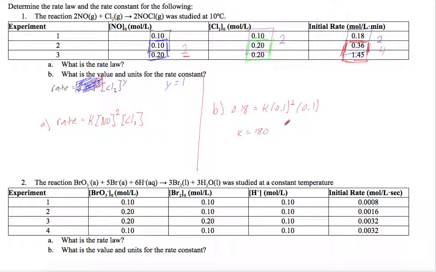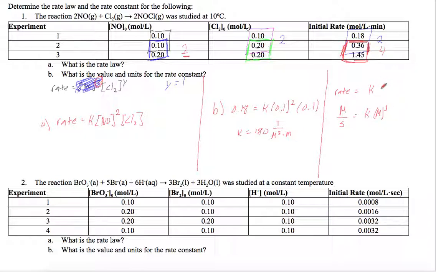And the units for this guy are 1 over molar squared times second. So we'll look at that. Rate is equal to molarity, oops, this is minutes. Molarity per second, that is rate, is equal to constant. Now we have molarity cubed.